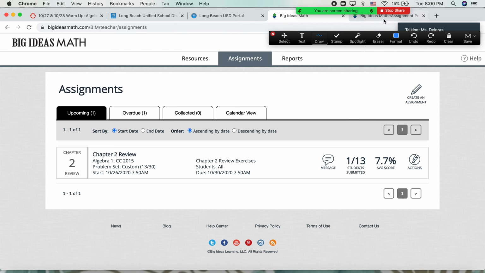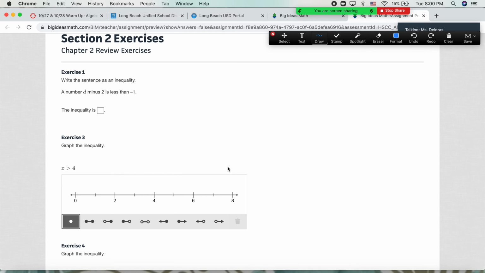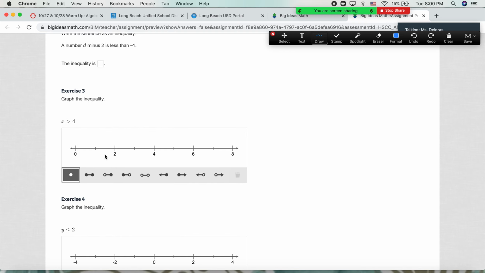But before that, I do want to show you guys a few things that will help you on this assignment. The first one being how to graph. So this looks a little funky, the way Big Ideas has laid it out for you guys. But we had just gone over deciding what circle that we want to use and which direction we should shade. So our options here is telling us that we can either graph two circles, both closed, one open, or both open.